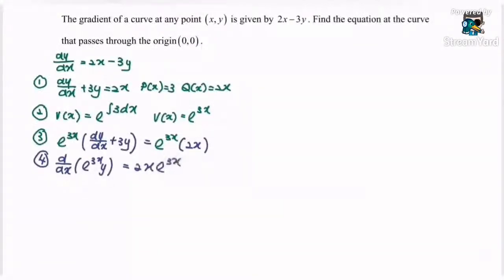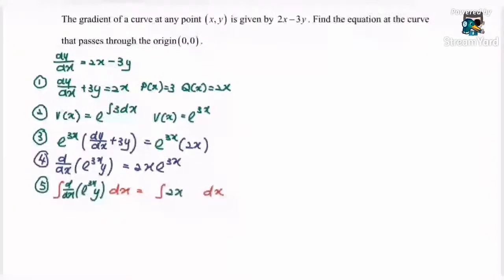Step number 5, integrate both sides with respect to x, where we will have d dx e 3x y. For the right hand side, 2x e 3x.